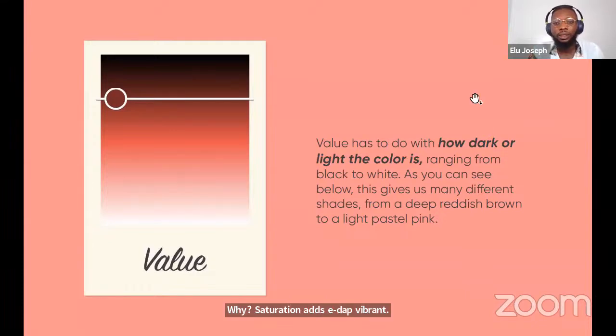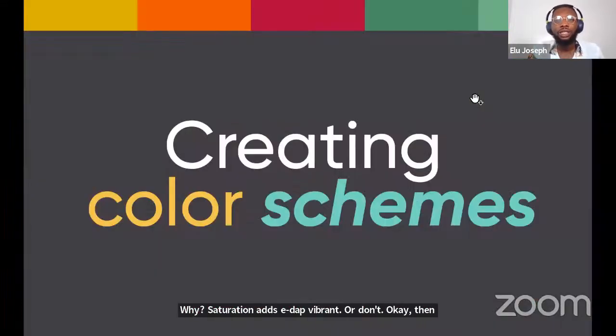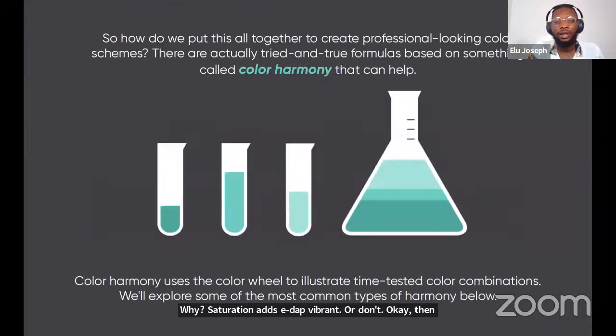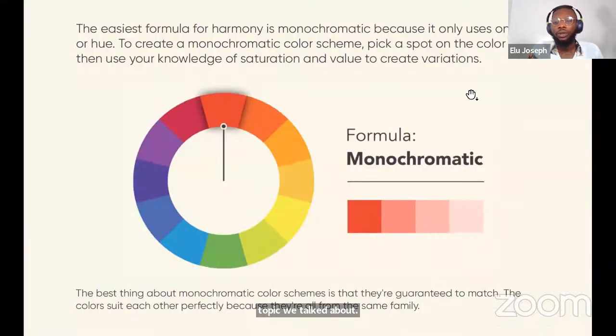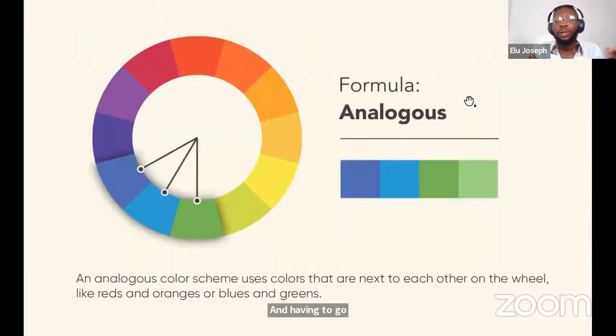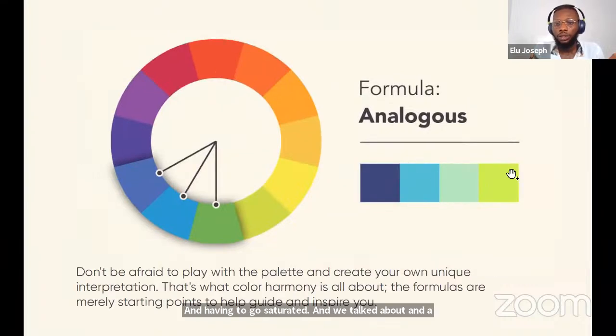Okay? Then creating color schemes, which was a very interesting topic we talked about, where we mentioned the formula called color harmony, and how if you use monochromatic, which is just picking one color and having it saturated. And we talked about analogous, three colors, and they give you a formula, or you desaturate them, you get another color.